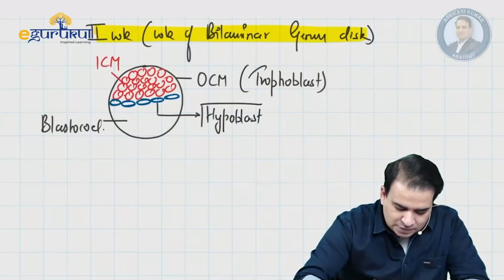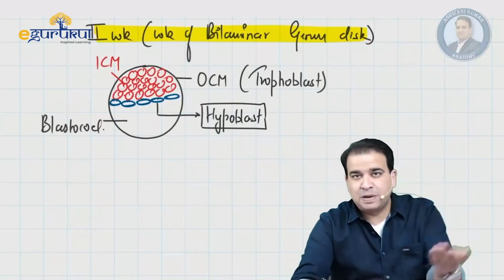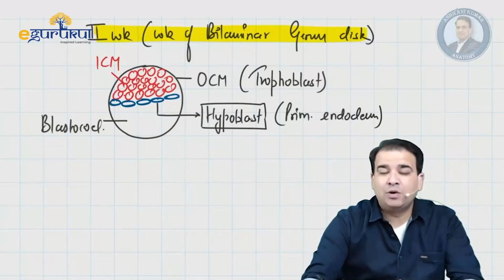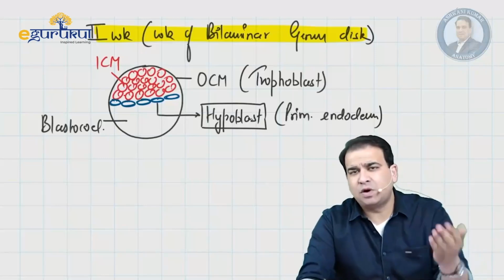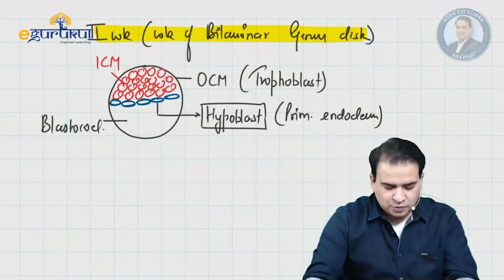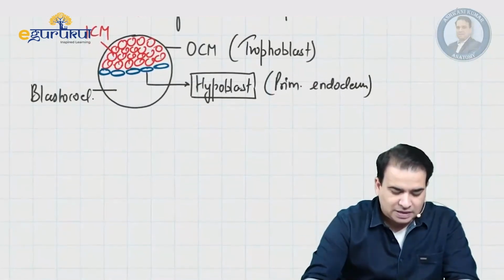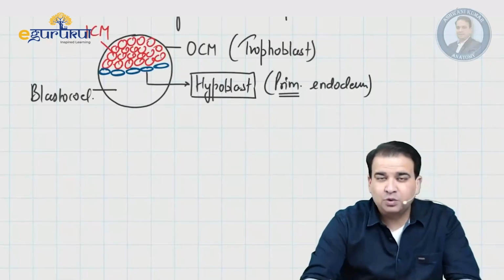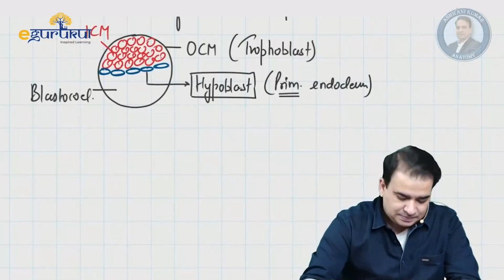As the name says, hypo, it's below. Hypoblast, also called primitive endoderm, because it is formed on the lower part. That is the first germ layer to appear. Make sure when you call it endoderm, you use the word primitive endoderm with it.